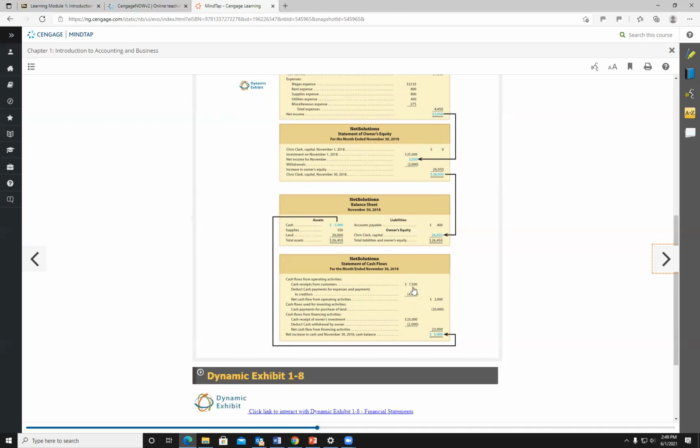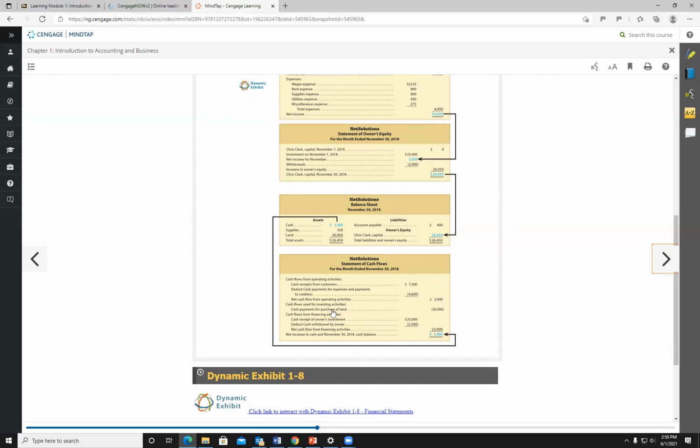So here it shows we received $7,500 cash from operating activities because that was our revenue. And it shows that we spent $4,600 for payments for expenses for running our operation. And so our net cash flow from operating activities was $2,900.